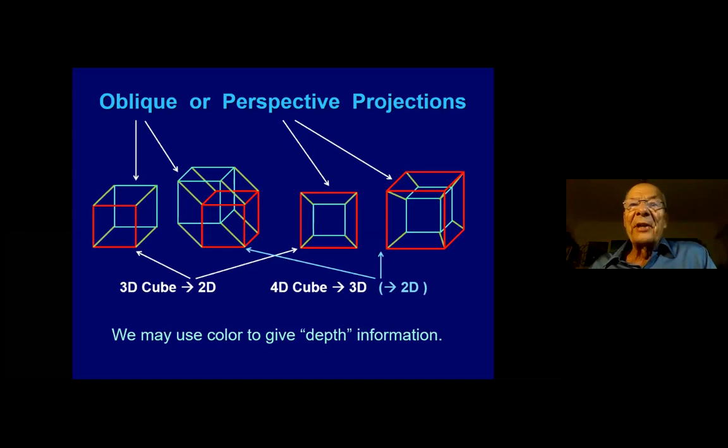Now, for the 4D objects, I first projected them from 3D space as wireframe objects. Then I projected those wireframes onto the screen here as 2D line drawings.